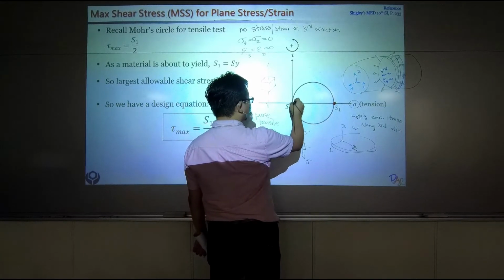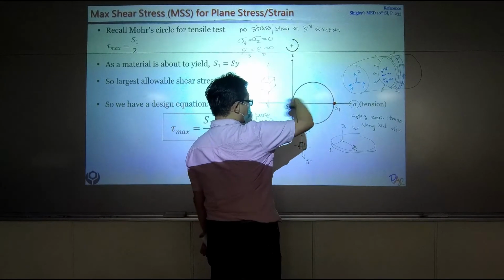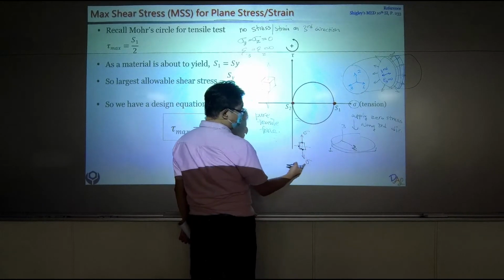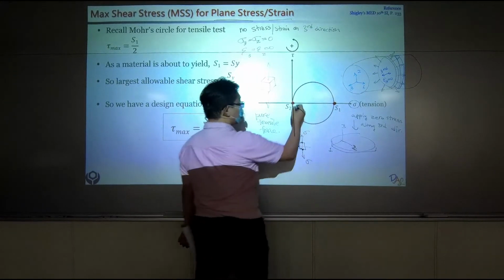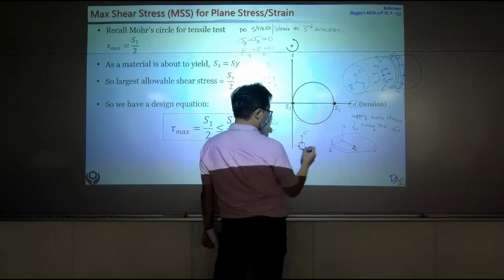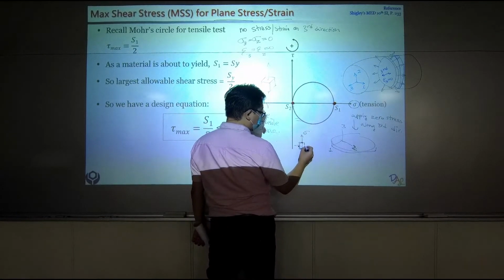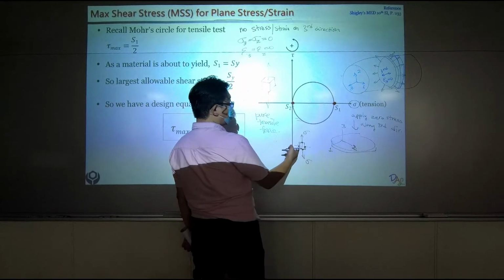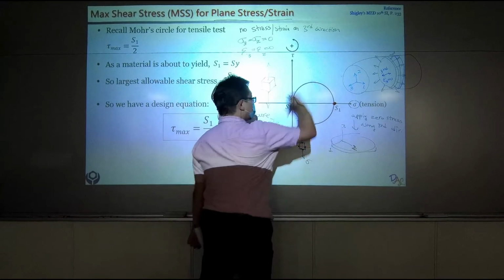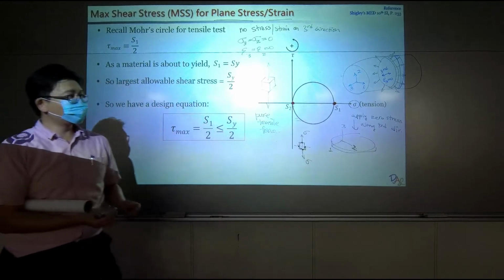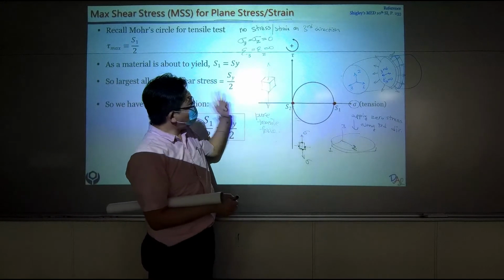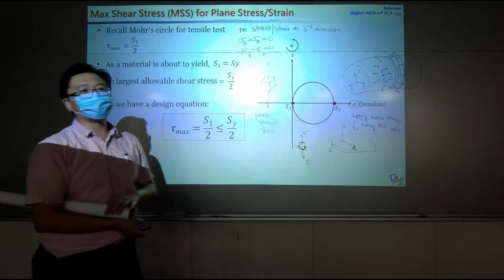That will be the origin of this diagram. If you rotate again by 90 degrees, you have sigma and 0 tau. You get back to here. If you rotate again by 90 degrees, you go to here. It's again 0 sigma, 0 tau. So it's the origin. That's how you form a circle, right? So for tensile test, the Mohr circle looks like this all the time.